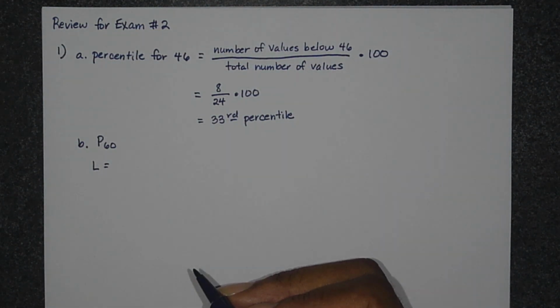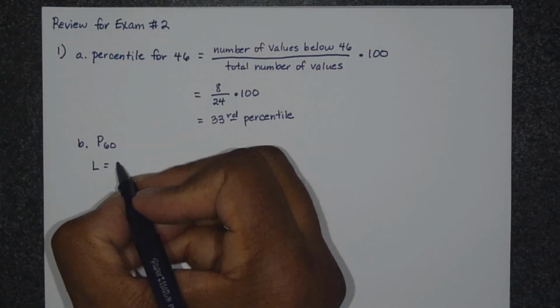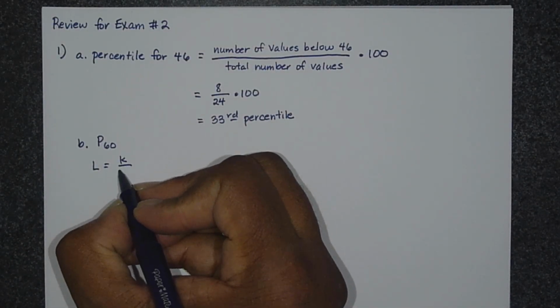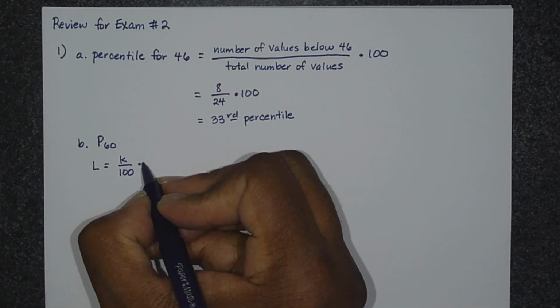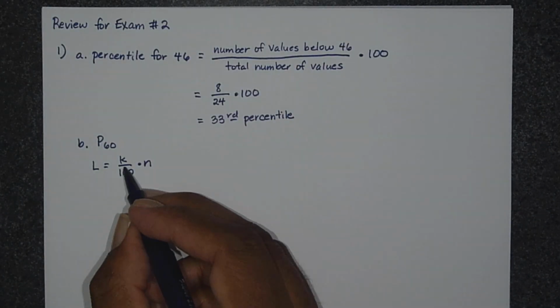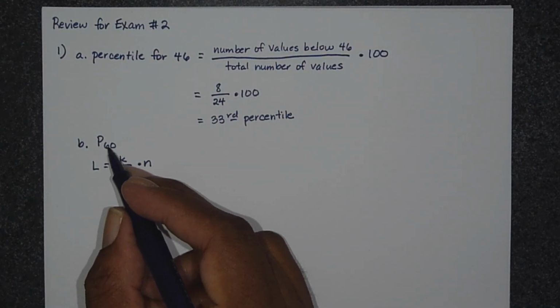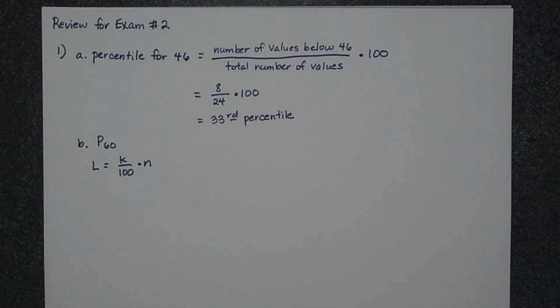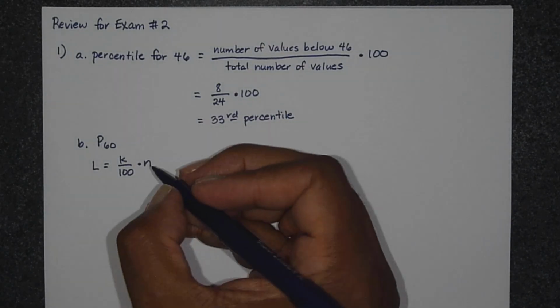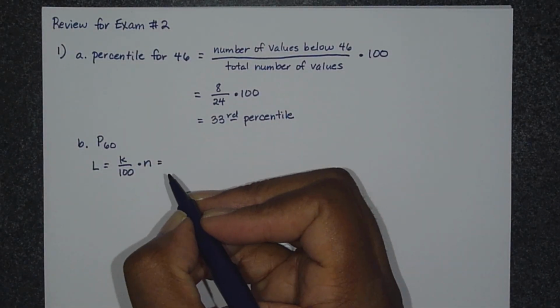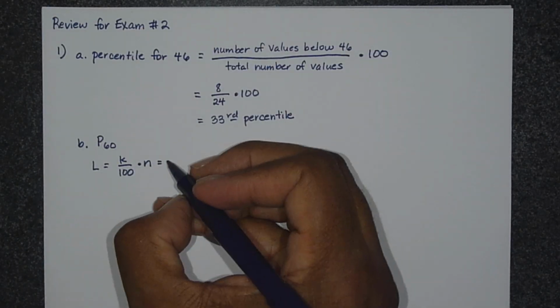So here we use this locator formula, which is L equals K divided by 100 times N. The K is that percentile that we have for that subscript for P. Your N is the number of data values. Since we're looking for the number that's in the 60th percentile, your K is 60.